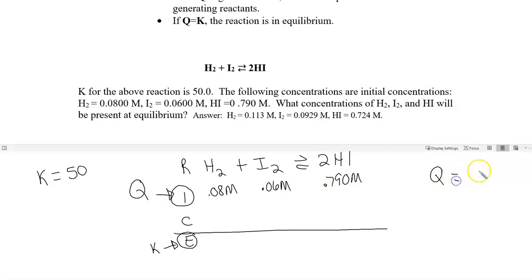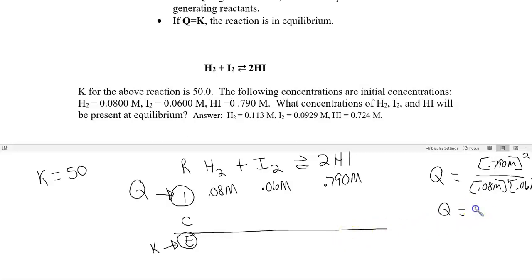So we're going to go 0.790 molar, raised to its coefficient power, which is 2, divided by 0.08 raised to the first, times 0.06 raised to the first. And when you put that in your calculator, you find your reaction quotient, trying to figure out where we are, is 130.